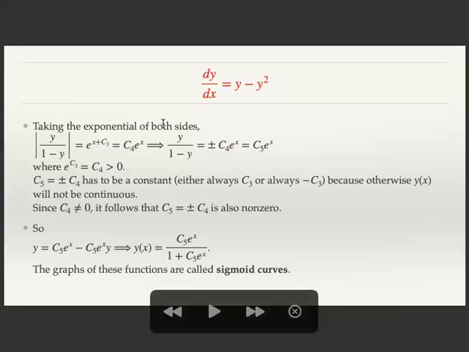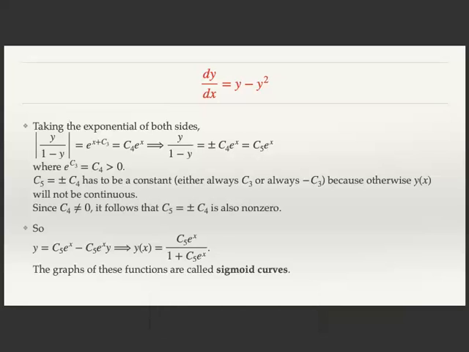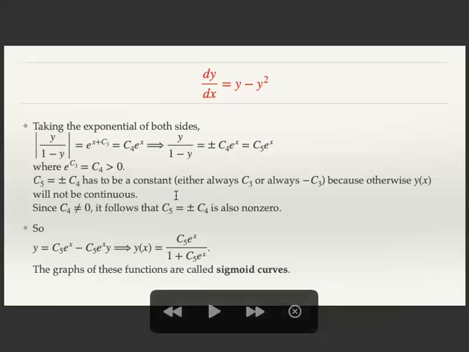What this means is that it's either plus C4 or it's minus C4. It's not C4 some of the time and minus C4 some other time. So finally we have this constant C5 here. Since C4 is non-zero, this means that C5, which is plus or minus C4, is also non-zero.